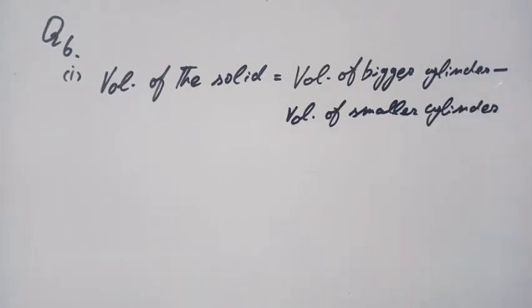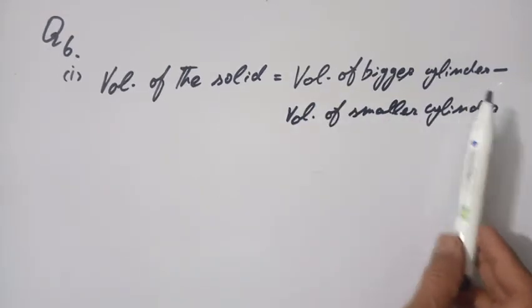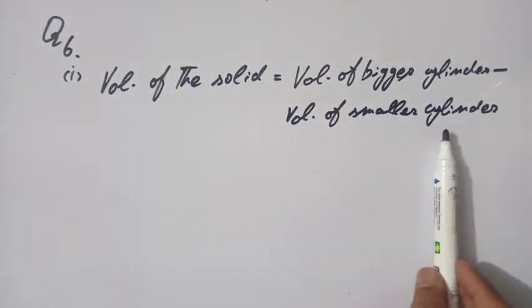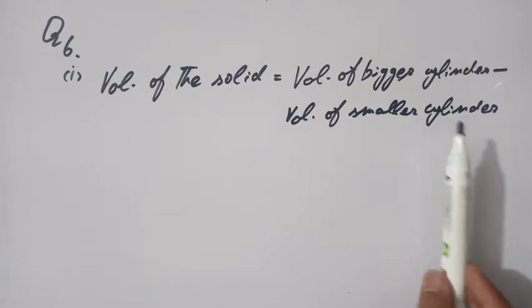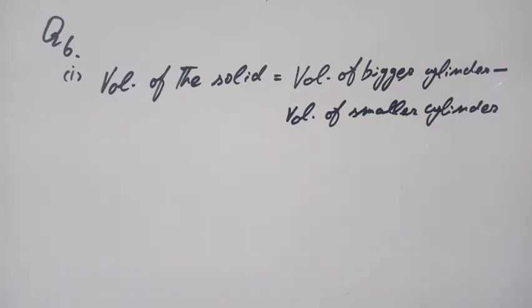As the smaller cylinder is removed from the bigger cylinder, so this way we will find out the volume of the bigger cylinder, calculate the volume of the smaller cylinder, and subtract it to find out the volume of the remaining solid, right?